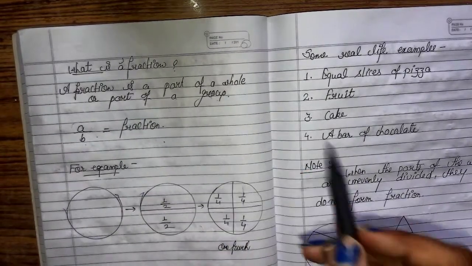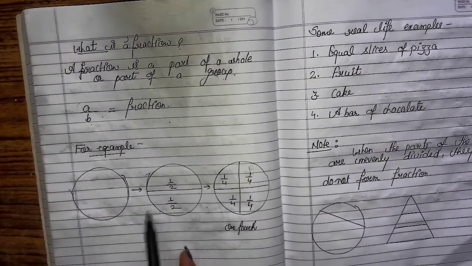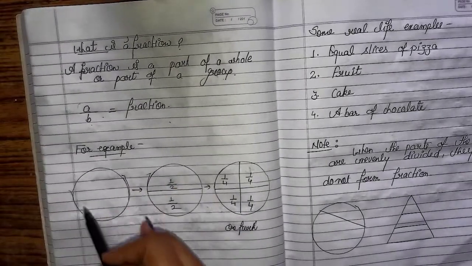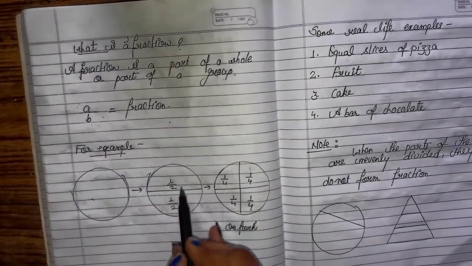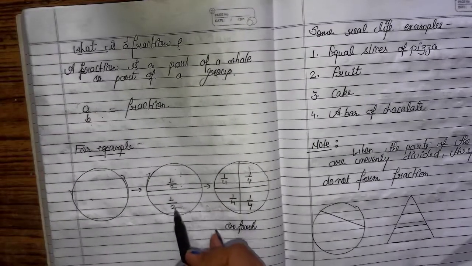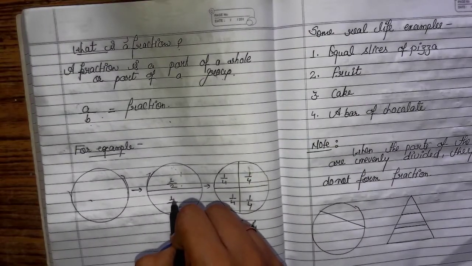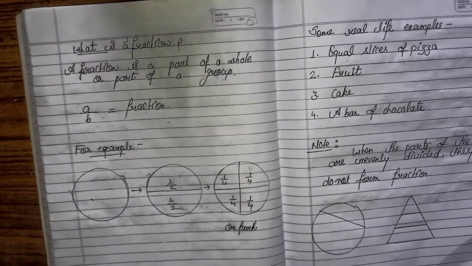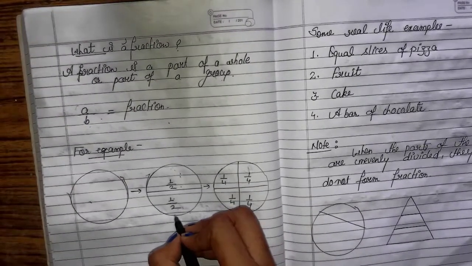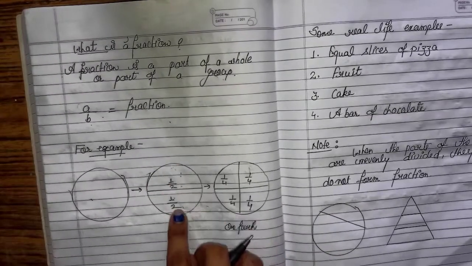For example, here you can see a whole circle and the whole circle is divided into two equal parts. So each part is 1/2 of it. Means 1/2 and 1/2. Complete is 1 and these are its two parts.